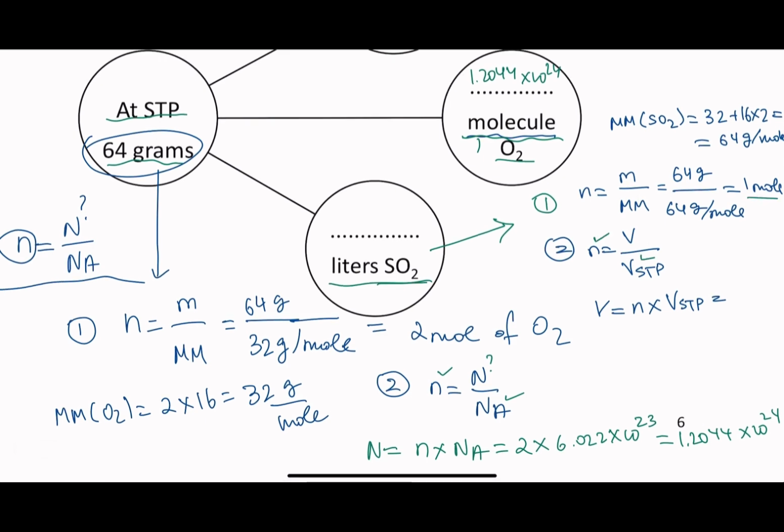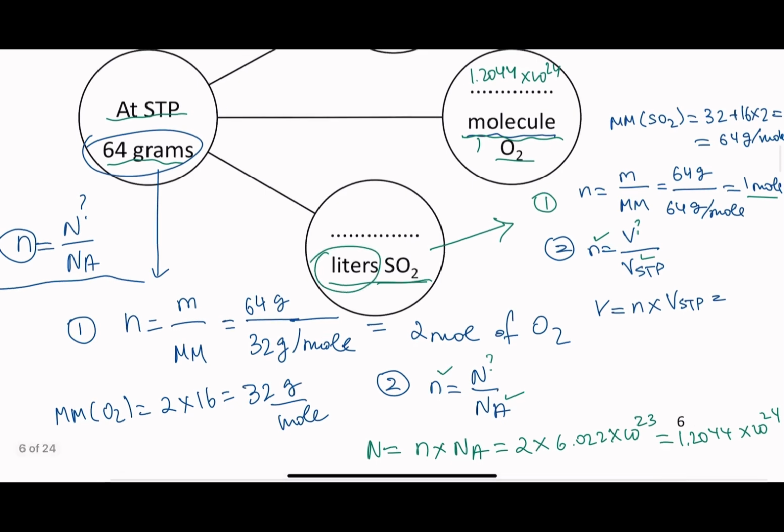You know V STP, so you can find the volume in liters. So this would be 1 mole multiplied by 22.4 liter per mole, and then mole and mole cancel out, it would be 22.4 liters. And this is the answer for here.